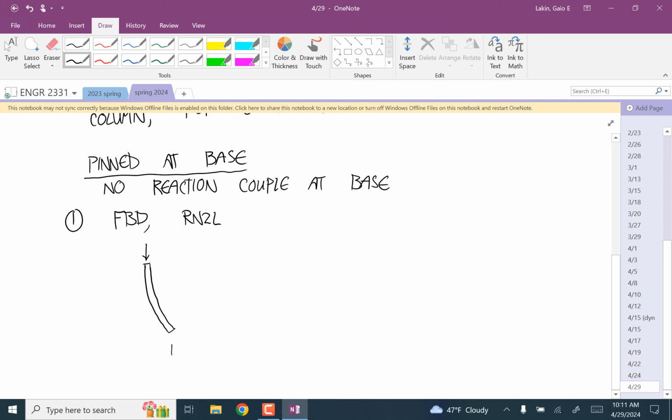And that's also the reaction load at the ground. So both of these are going to be P. This is the deflection V. And we're going to take the moment about the base.